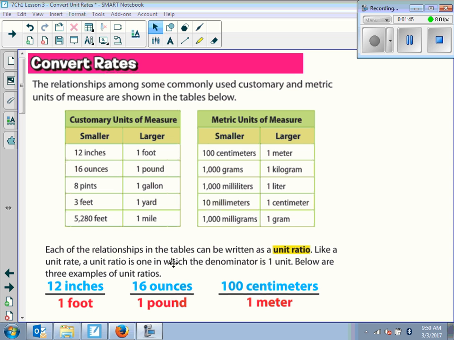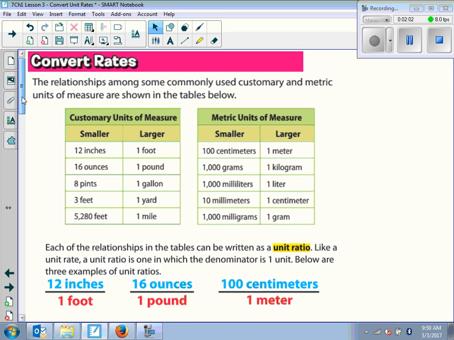Each of the relationships in the tables can be written as a unit ratio. Like a unit rate, a unit ratio is one in which the denominator is 1 unit. And here we have some examples of unit ratios.